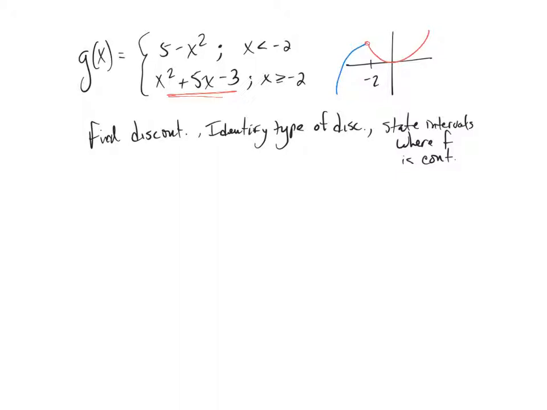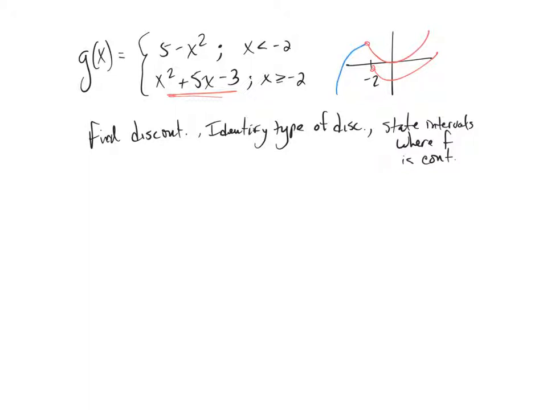Or maybe it is somewhere else, and there's going to be this giant jump in y values between these two things. If those two things meet up right here, then there's no discontinuity. The function's fine. Where this guy leaves off, this one picks up and it goes on its way. Or this guy's going to leave you off somewhere, and then you're going to have to jump to some y value and go on your way, and then there's going to be a discontinuity. So the only thing we have to do is check and see what happens here at -2.